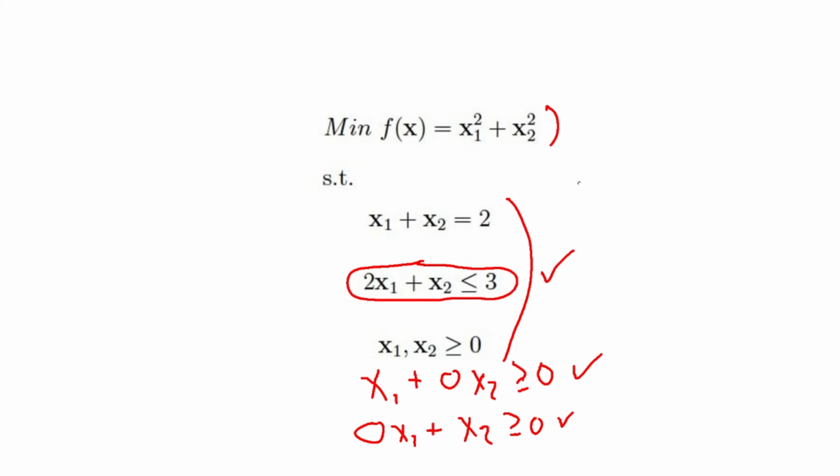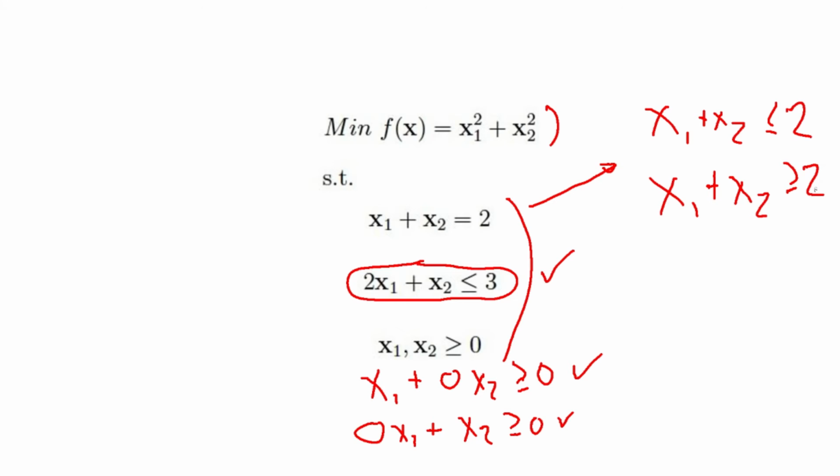Now, let's look at this equality for a moment and break it into two inequalities. x1 plus x2 is less than or equal to 2. And x1 plus x2 is greater than or equal to 2.